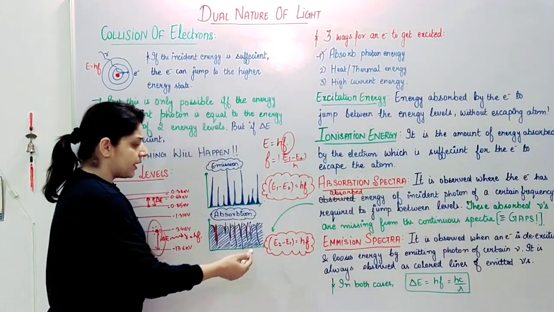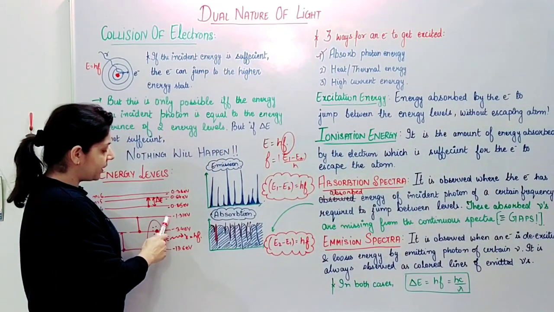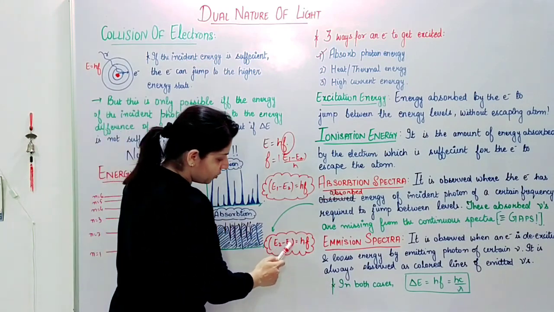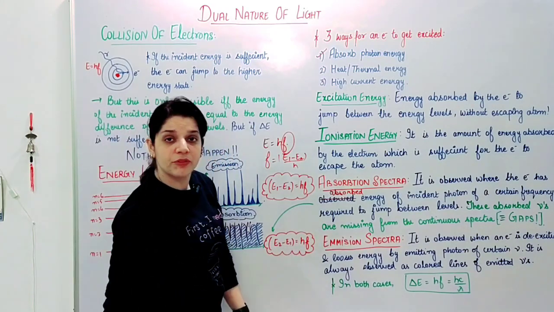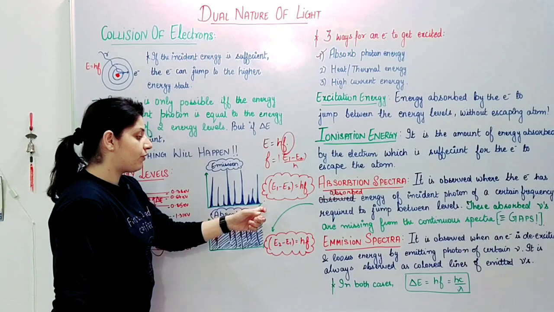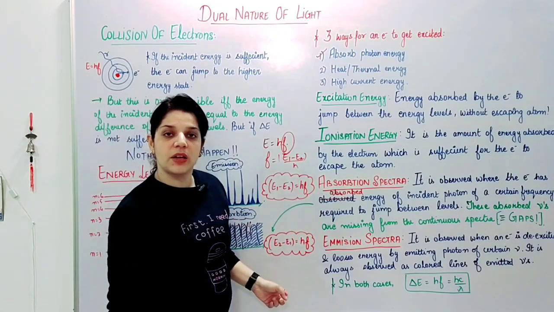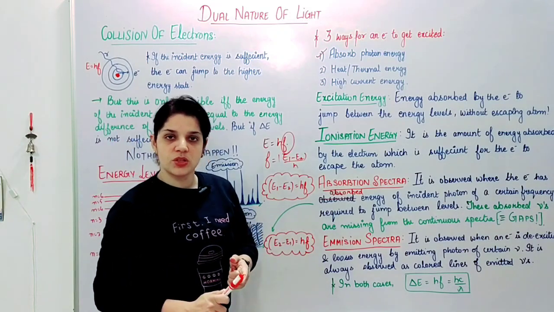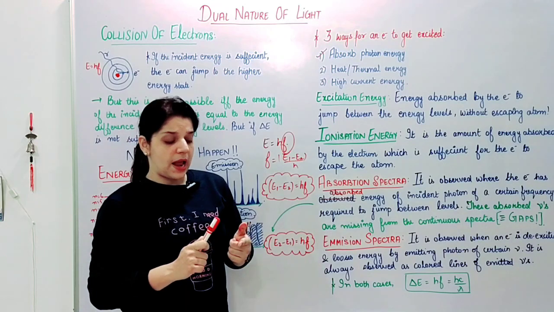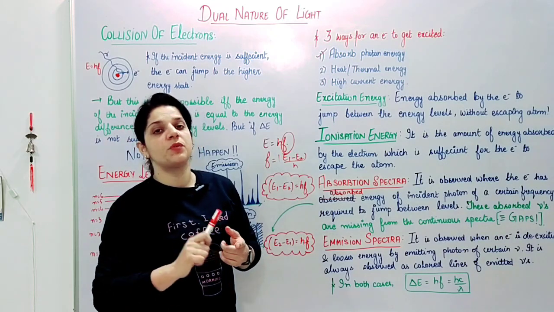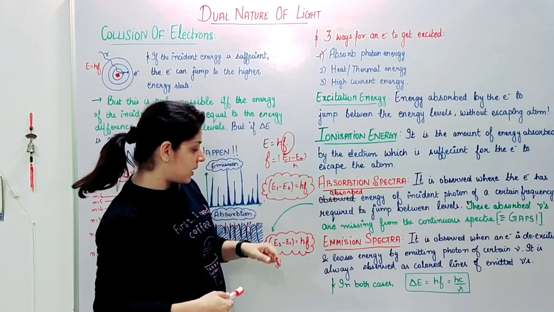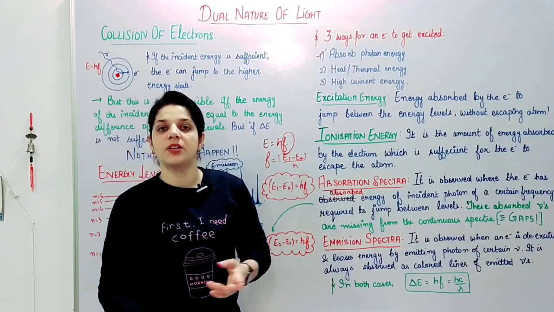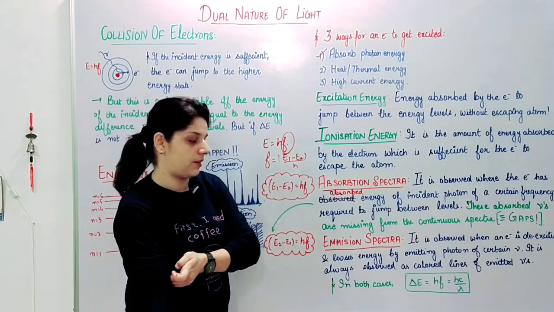Now again, in this case, since it is coming from E2 to E1, E2 minus E1 will be hf. So if I know f, I can know the energy levels. If I know the initial energy level and the frequency being emitted or absorbed, I can tell the final energy level where the electron will land.